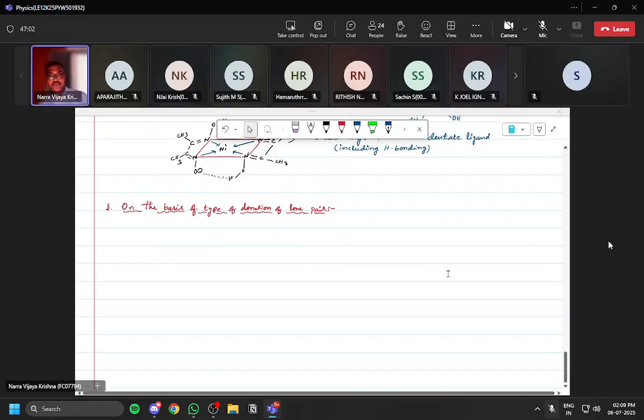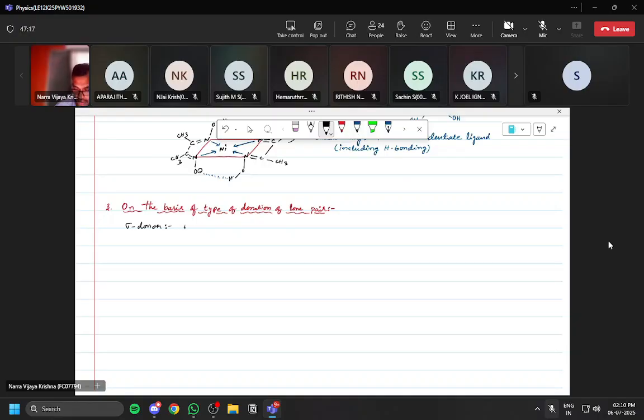First one: sigma donor ligands. What are sigma donor ligands? By donating a lone pair of electrons, they form only sigma bonds. Most of the ligands are sigma donor ligands only.